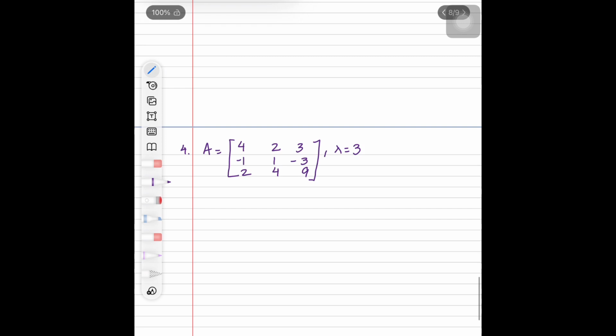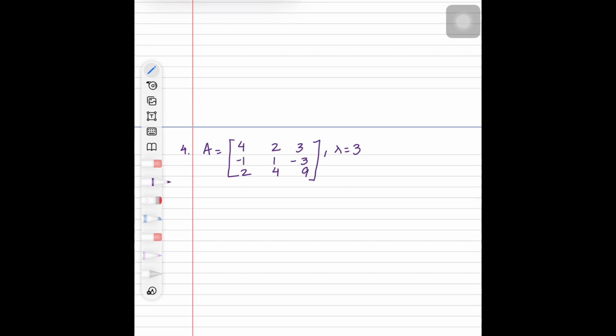Let's do problem 4. So we have matrix A with lambda equals 3, and it's asking us to find the basis for the eigenspace corresponding to each listed eigenvalue.